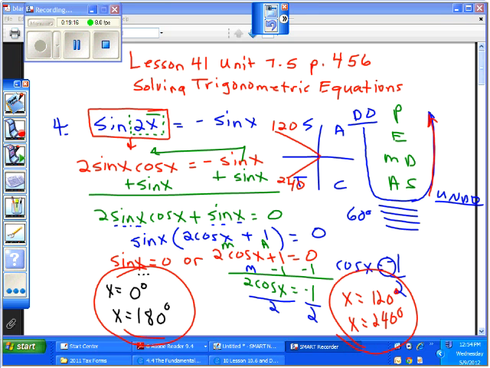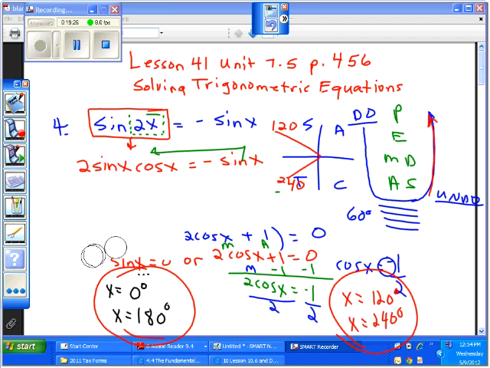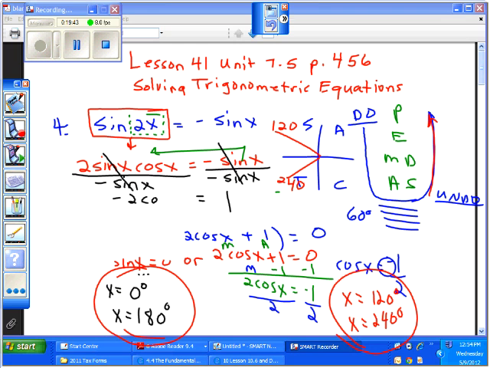Now, let me talk about one thing here. Let me just kind of show you something. What if I said I'm just going to divide this by negative sine x? That's going to become a 1, and that's going to cancel, and I'm going to have negative 2 cosine x.